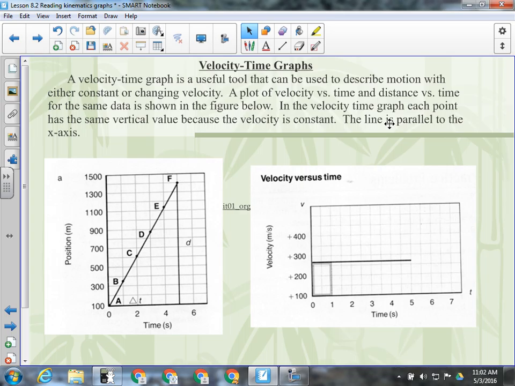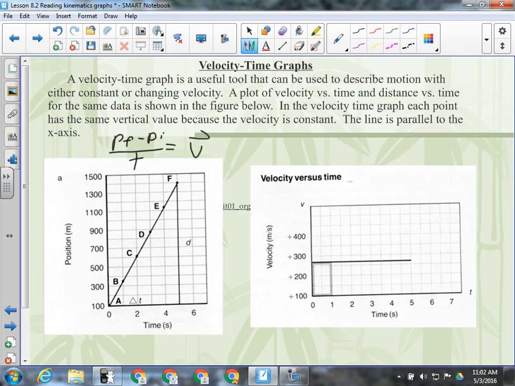Yeah, if I calculate the slope, what is it going to tell me? Okay, I'm hearing some of the right answers. Remember, when I find the slope of this, I'm going to be finding the change in position divided by the change in time, which equals, if I find the slope of this line, it should be this number. Agreed? That way I'll know they're the same graph.